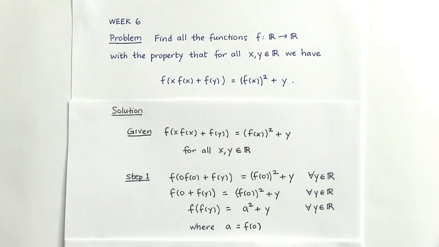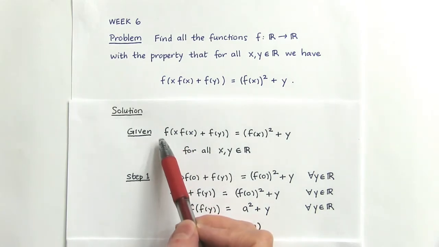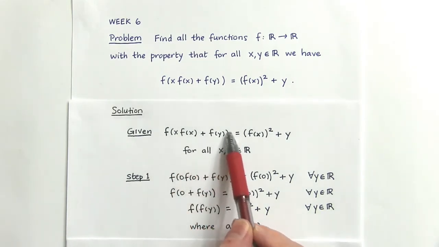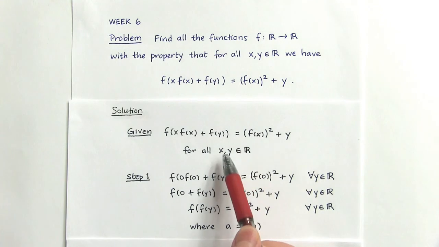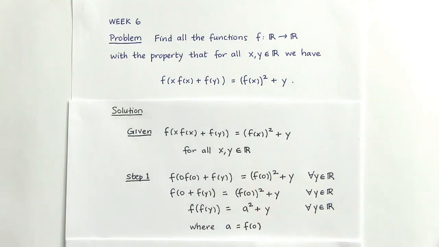Now that we've reviewed the concept of inverse functions, we're ready to solve the problem. This took me about 10 steps, which I'm going to outline as follows. So I'm searching for the kind of function f that satisfies this condition for every real value x and y.